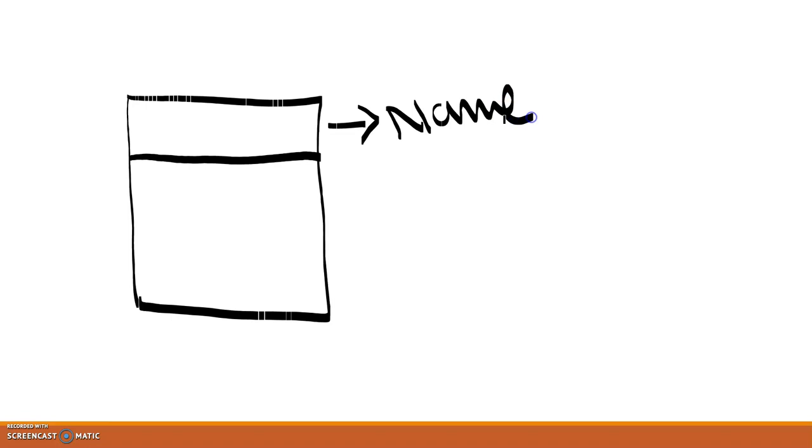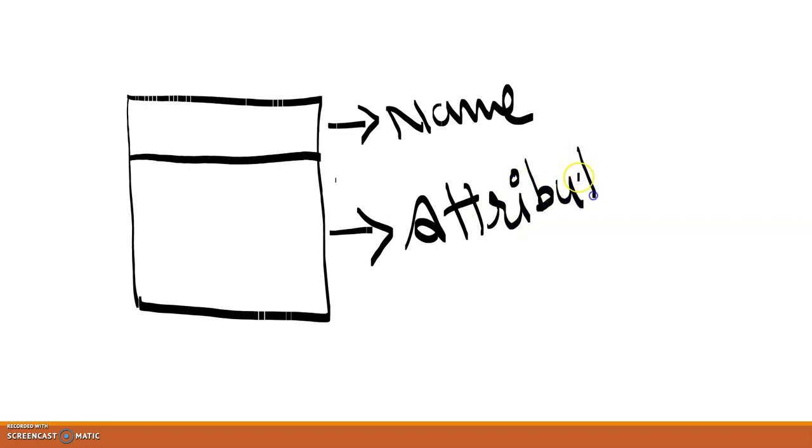We divide it into 2 sections. The first contains the name, the second contains the attributes with values.